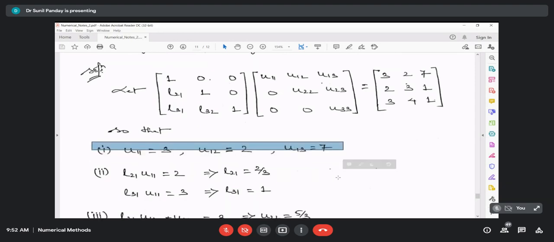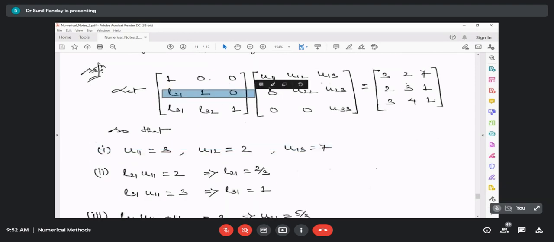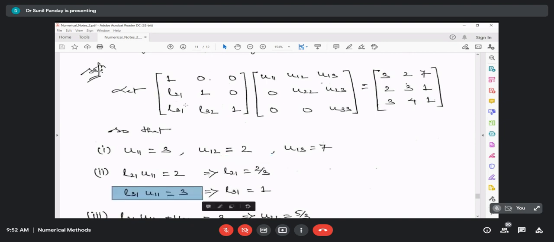Now to calculate the second, this is multiplied to the first column. L21 into U11 equals 2, because this is 2. U11 you have already obtained in the previous step, so L21 is equal to 2 upon 3. L31 into U11 is multiplied and it is equal to 3.